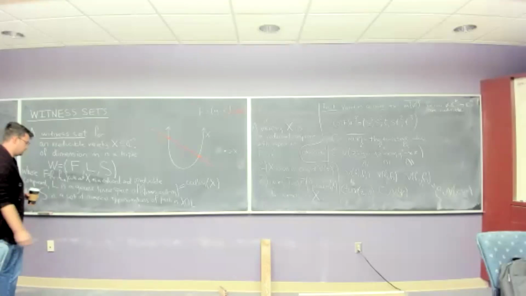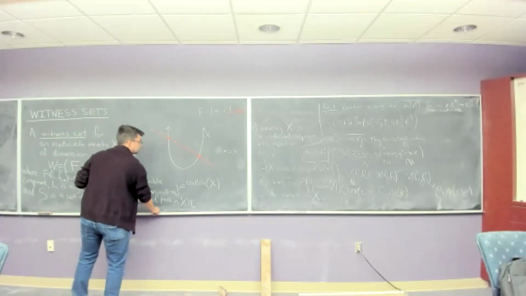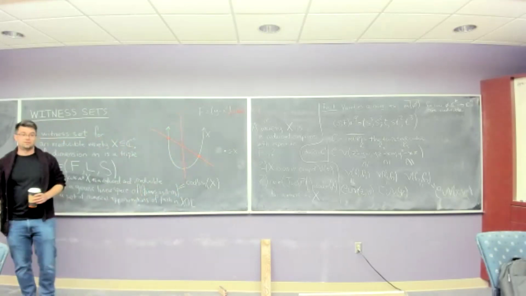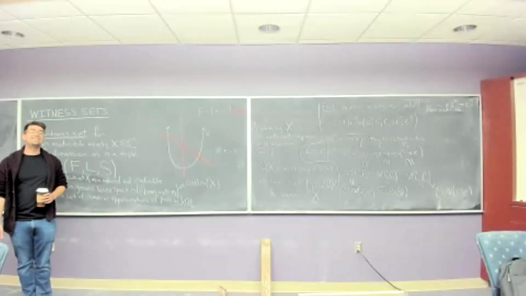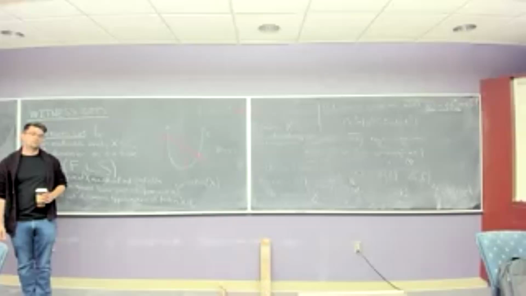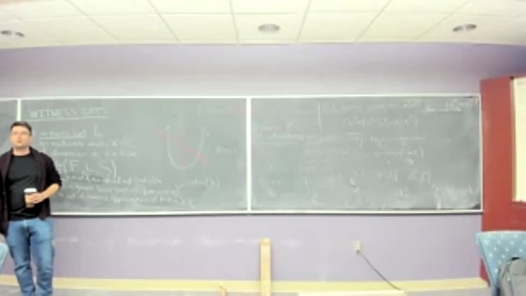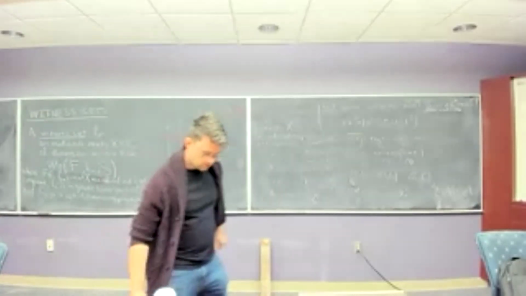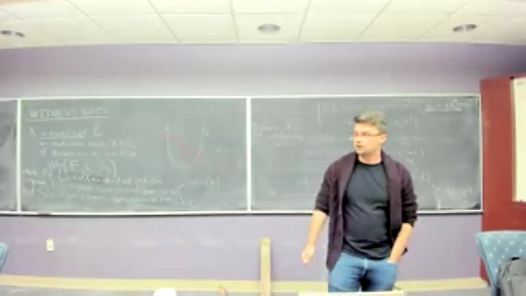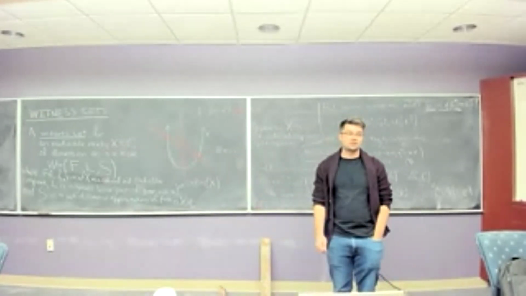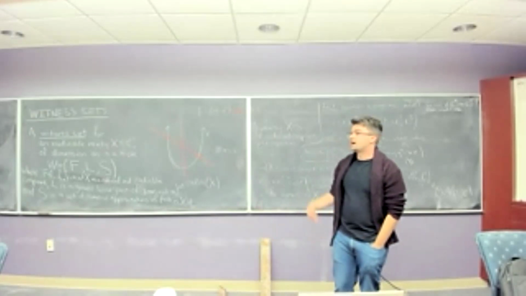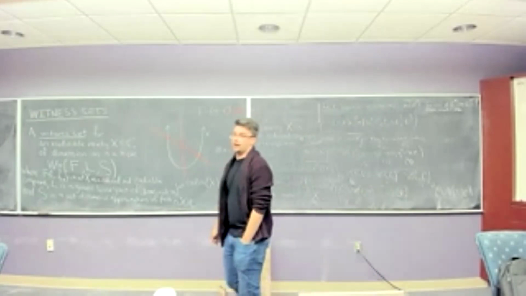Let me give you an example. This is also a linear space, of complementary dimension with the parabola, but it is not generic. Now, when people say generic, they mean one of two things, and one subsumes the other. Generic in general means outside of a proper Zariski closed set, so outside of some variety.